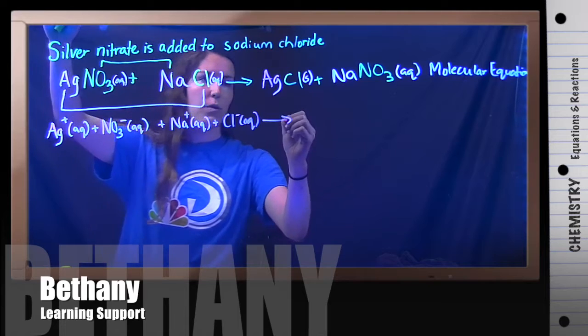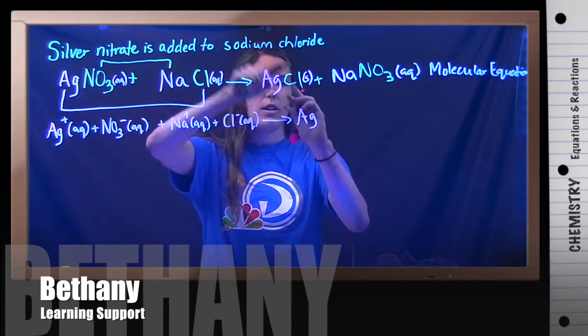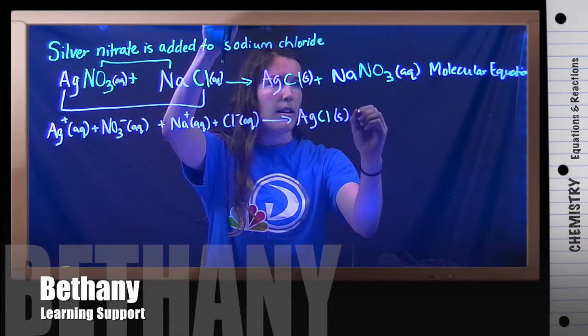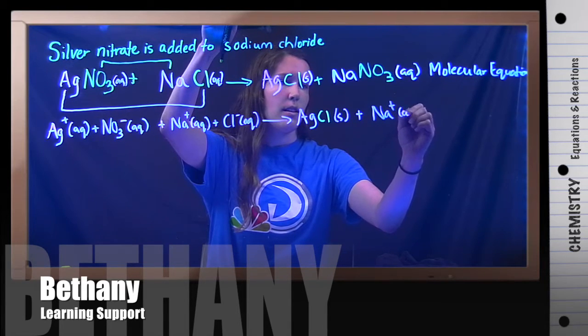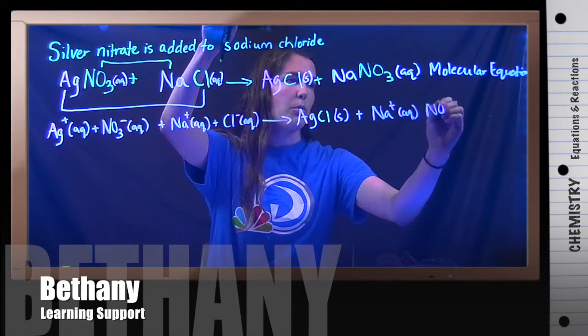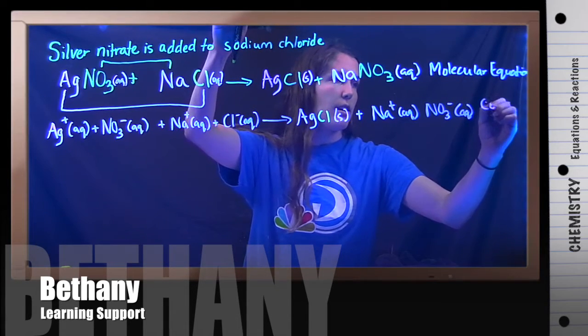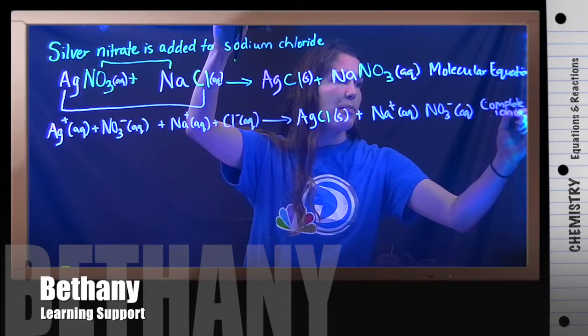And then these will form our precipitate, silver chloride, and then sodium and nitrate will break apart in solution. So this is our complete ionic equation.